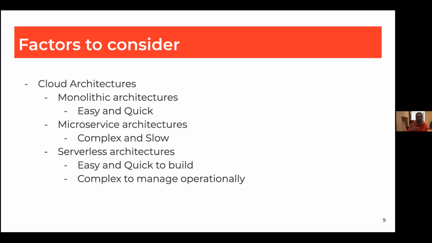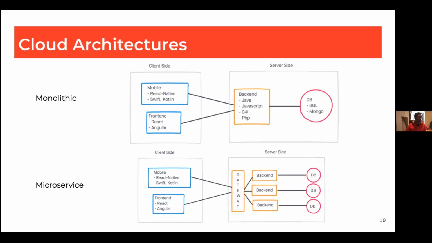There's nothing wrong with them, but microservice architectures are not easy to build. They're very complex to build, and here is an example on the next screen. As you can see, a microservice architecture has multiple backends and multiple databases. To make sure the communication between these backends and the client side works, you need some kind of gateway.